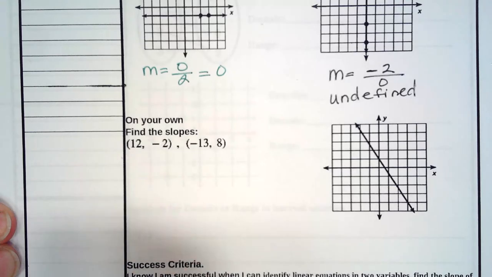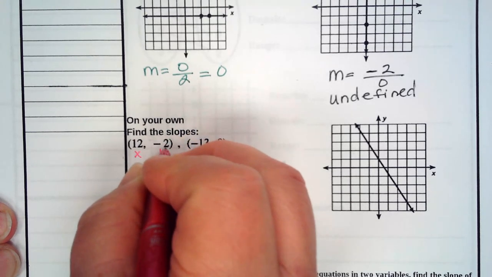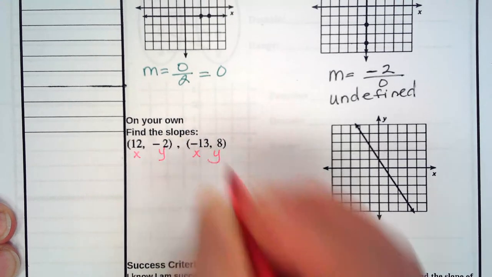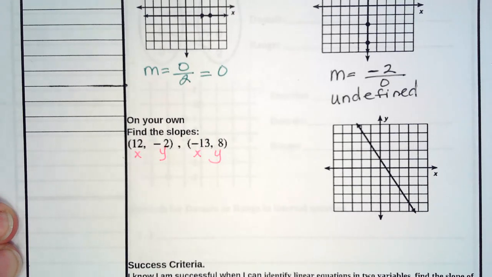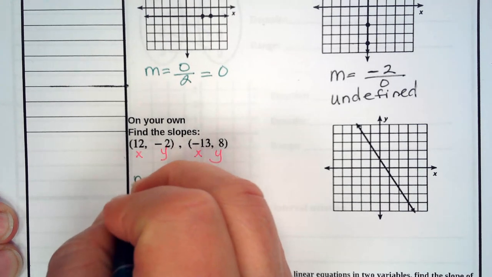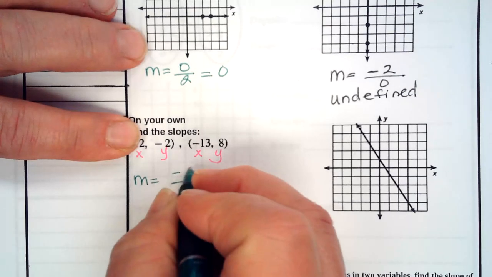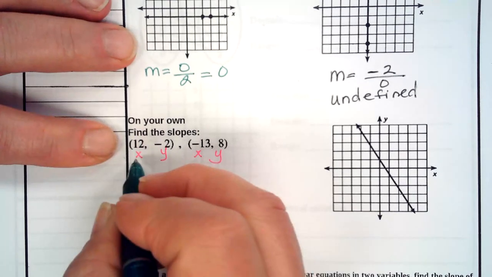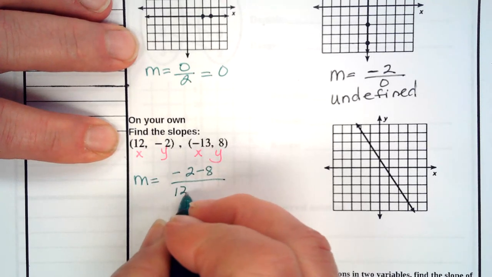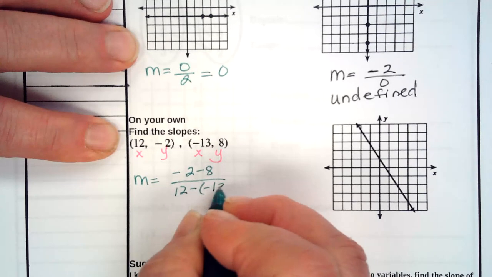Well, I hope you tried on your own. x, y, x, y. My slope is equal to negative 2 minus 8 over 12 minus a negative 13.